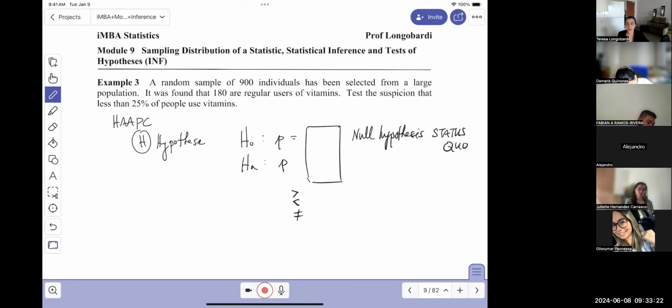And then you try and disprove or falsify your hypothesis. That's the approach of the scientific method. So we state a hypothesis, and in this case, we're going to get the number from the problem there, and we're going to write it down here as well. And what is this down here? This is called the alternative hypothesis.